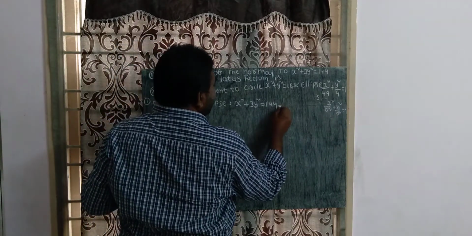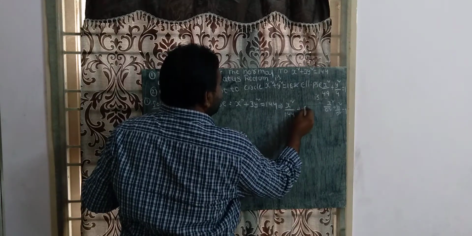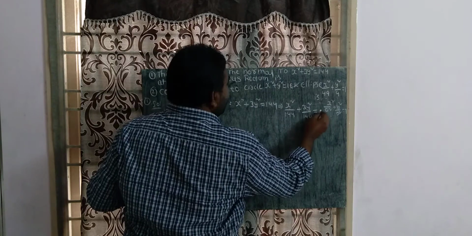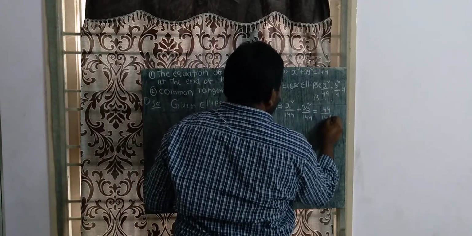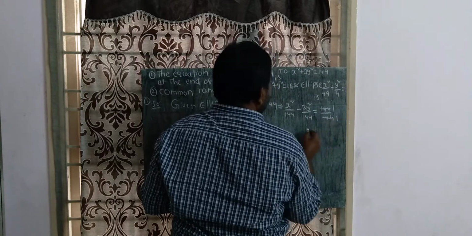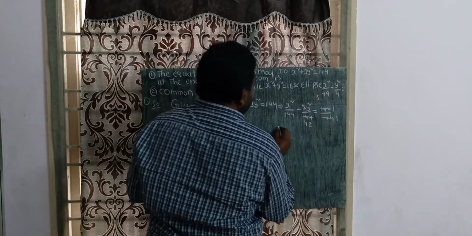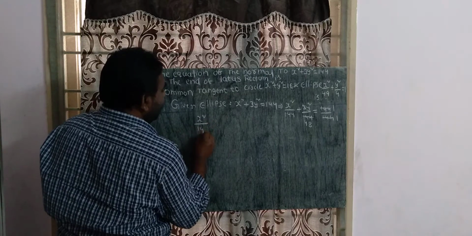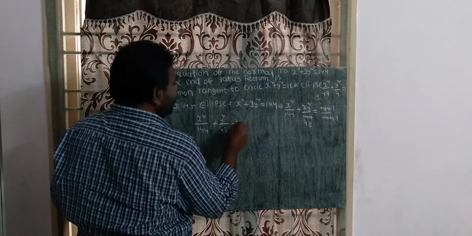We get x square by 144 plus 3y square by 144 is equal to 144 by 144. 3 into 16 is 48. So we get the ellipse x square by 144 plus y square by 48 is equal to 1.